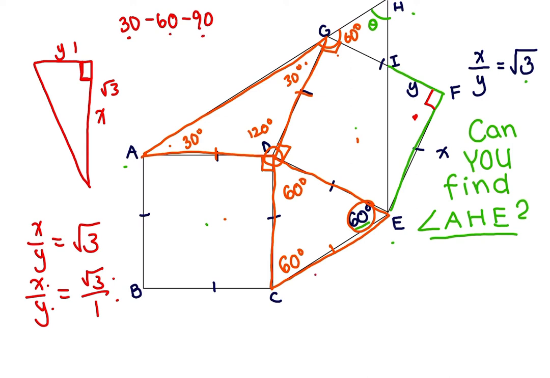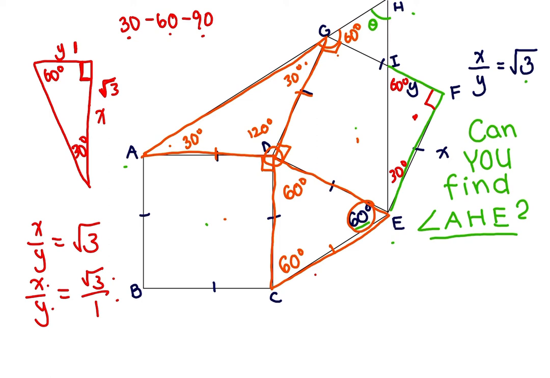We already have our 90-degree angle over here, and we know that this side's ratio is 1, this side's ratio is root 3, and so the angle that is opposite to the ratio of 1 is always 30 degrees. The angle opposite to this one is always 60 degrees. So now we have two more angles for us, 60 degrees and 30 degrees.